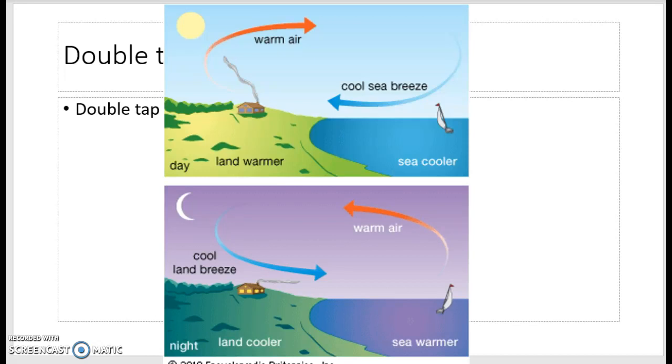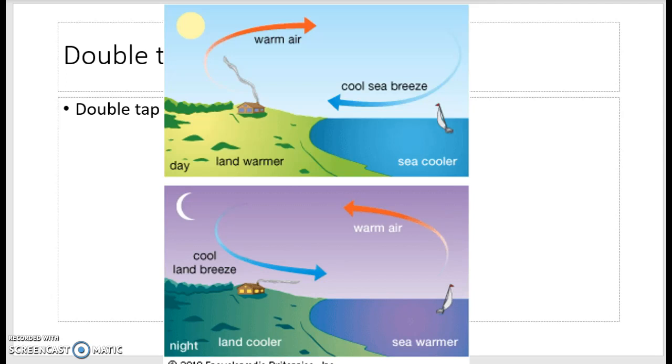So because land and water heat differently, it not only heats the substance that it is up differently, but it also heats or cools the air differently. So because land heats faster, it also heats the air above it. Because water doesn't heat as fast, it stays cooler, we start to get those convection currents, just like what happened in the mantle. It also happens in a smaller area like this.